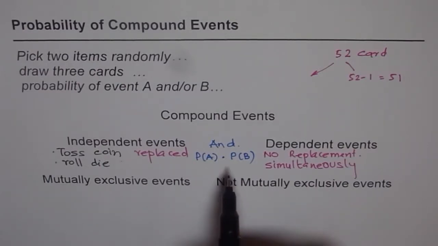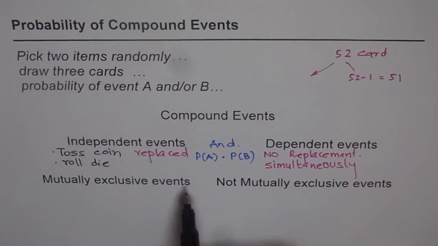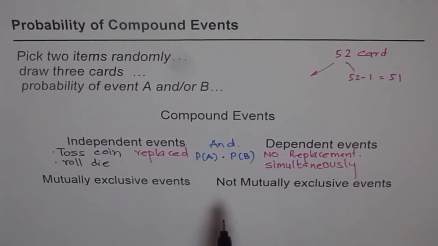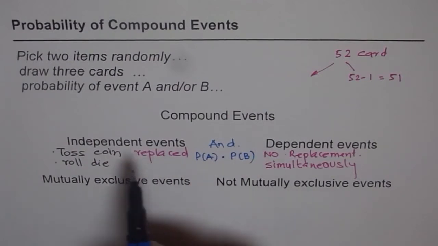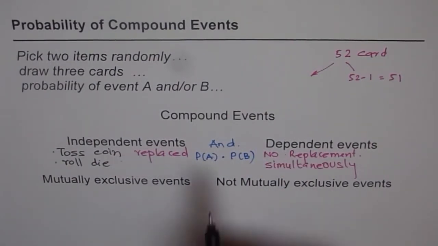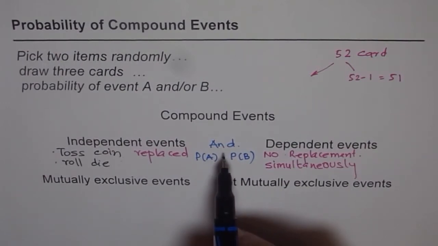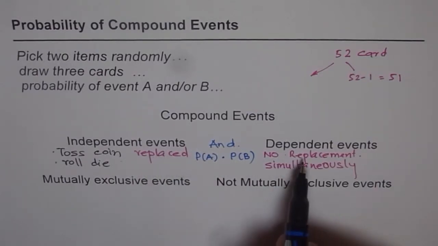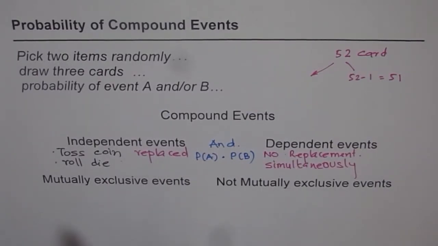And normally in AND problems, we are also considering independent and dependent events. So AND is normally associated with independent events or dependent events. So whenever there is an AND operation, the second thing which we have to figure out is whether the event is independent or dependent. So that goes hand in hand.